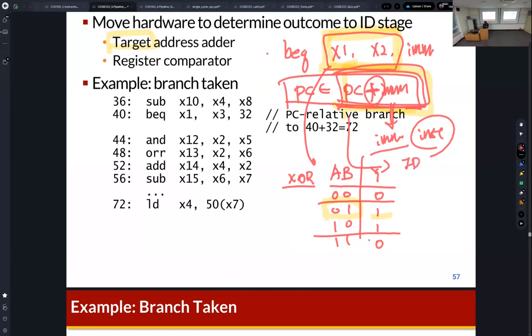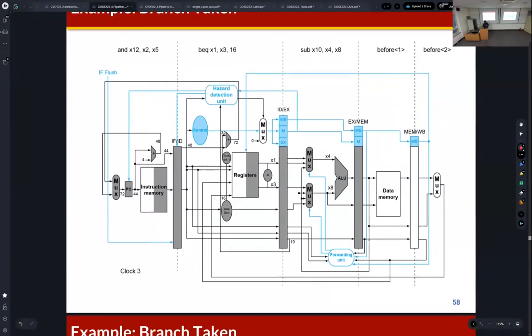Also, we can know the immediate value in the ID stage, and PC plus immediate is also a simple operation. Which means that in the ID stage we can get the PC plus immediate, if we use the adder here.